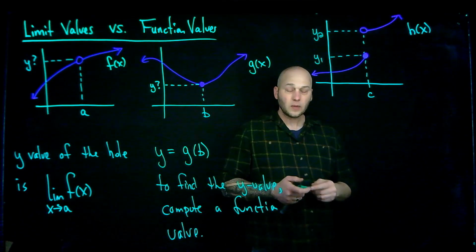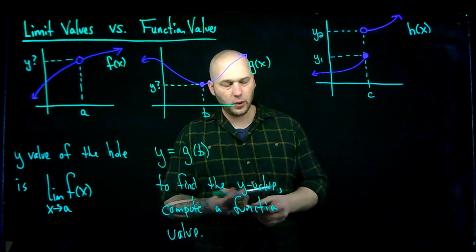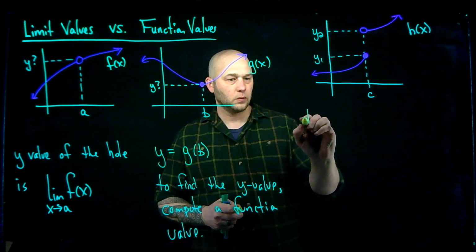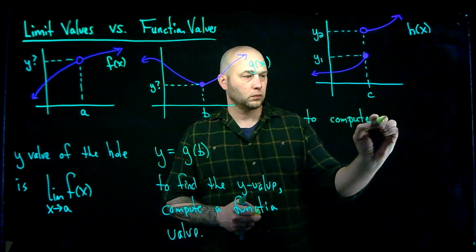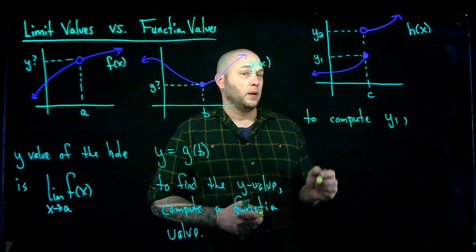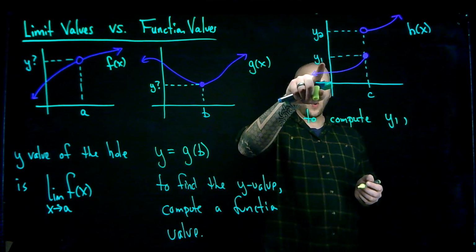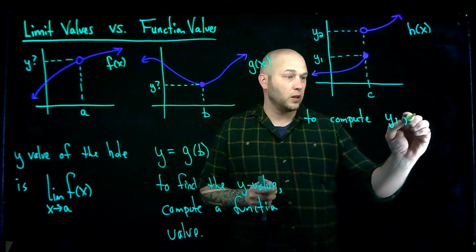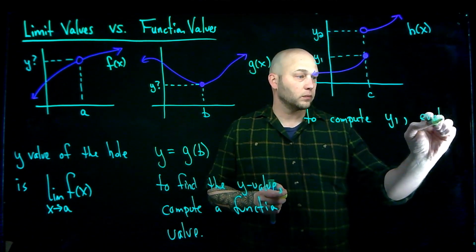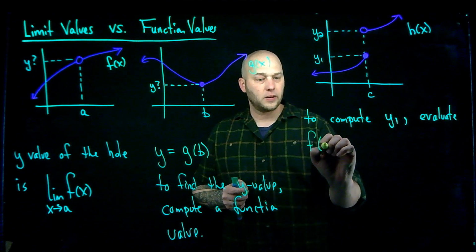And how do we compute those y values? Well, to compute y1, let's think about that. For y1, there actually is a point on the graph there. So really what I could do is evaluate f at c.